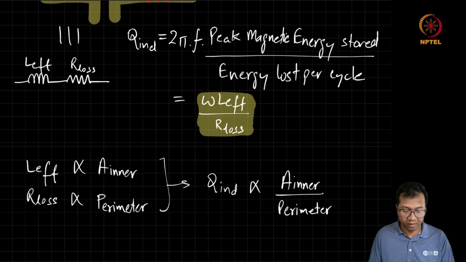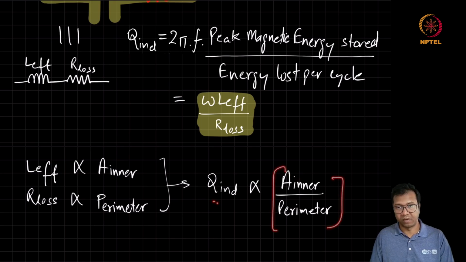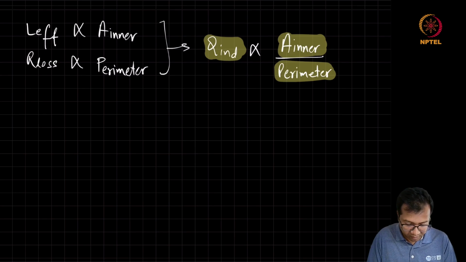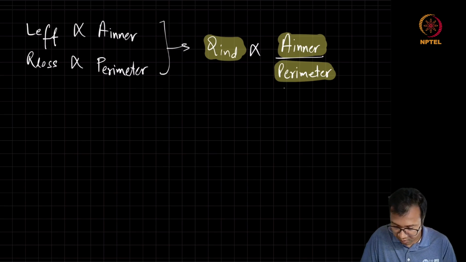So for a given inductance, if you want to maximize the Q, we need to make sure this ratio is maximized. Out of all the shapes which we can think of for designing an inductor, it turns out that the shape which maximizes the inner area per unit perimeter is a circle.